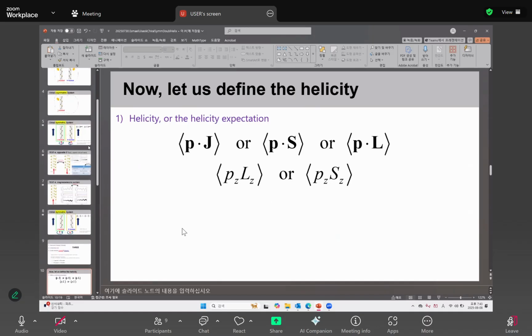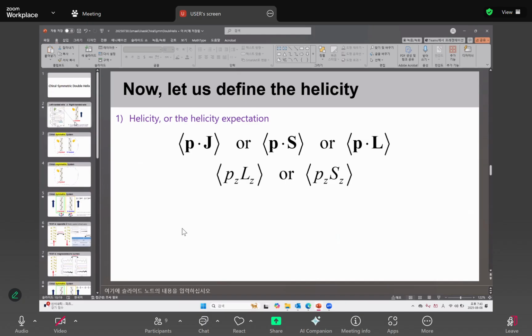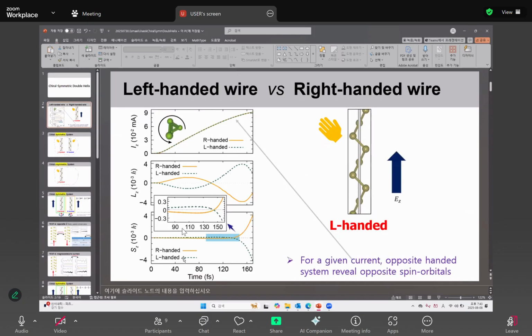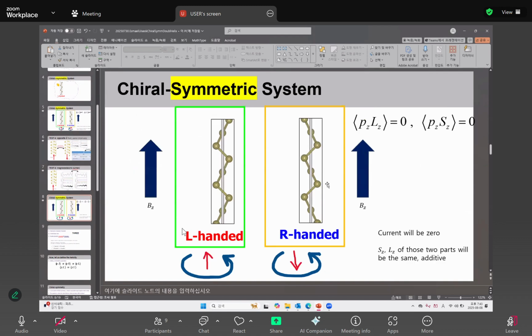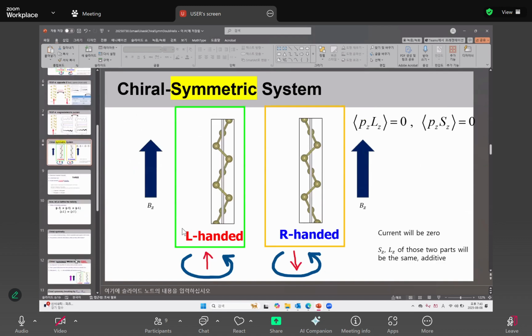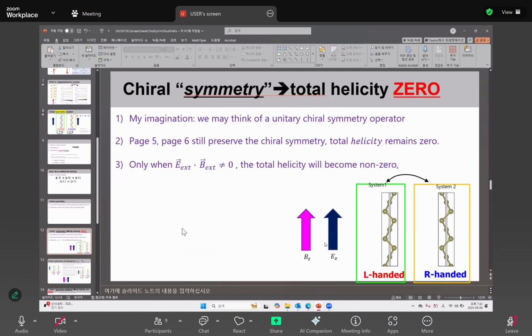So besides the time profile of the current, orbital, and spin, we will calculate the helicity of this chiral symmetric system by applying the electric field alone, the magnetic field alone, and the electric and magnetic fields together.